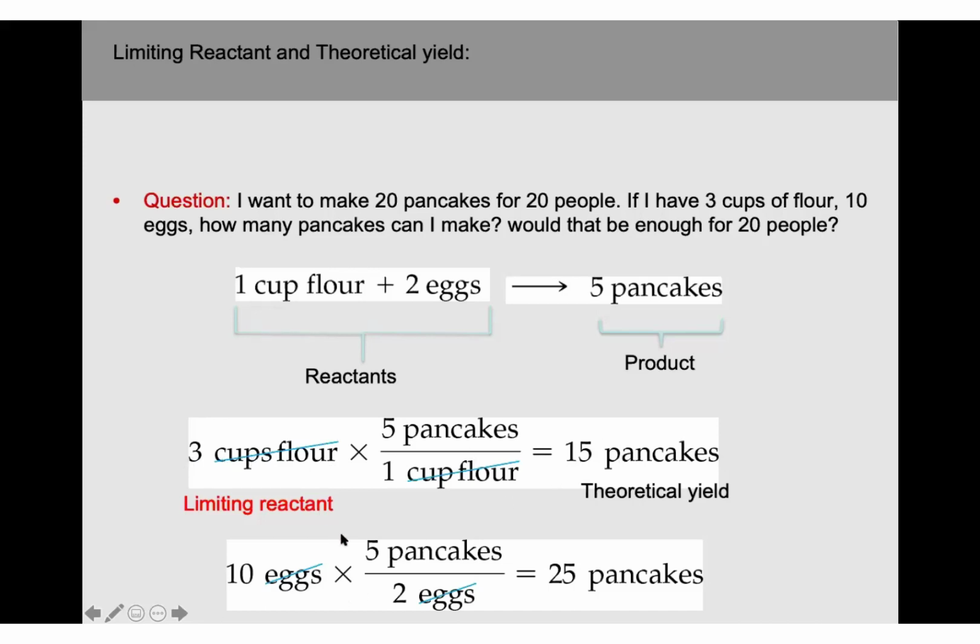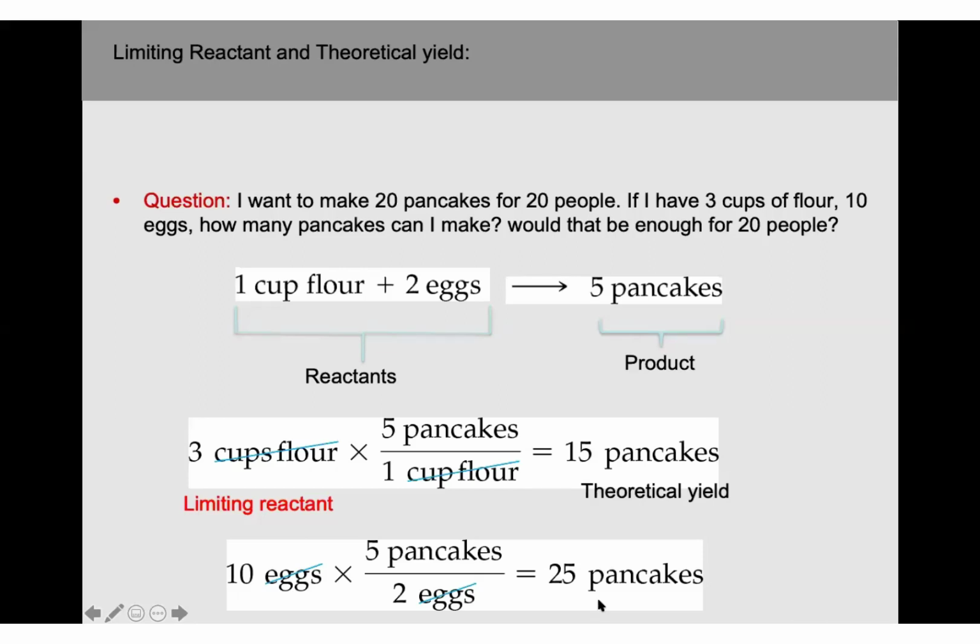What about the 10 eggs that I have? I know with each 2 eggs, I can make 5 pancakes. Imagine I use this equation to make my pancakes. So with 10 eggs, I can make 25 pancakes.